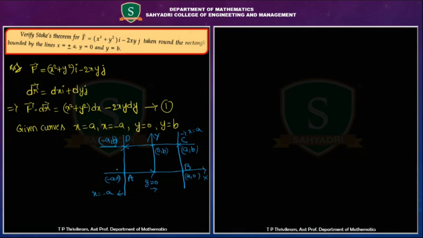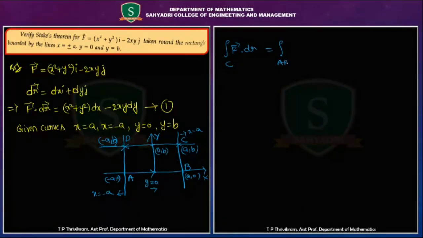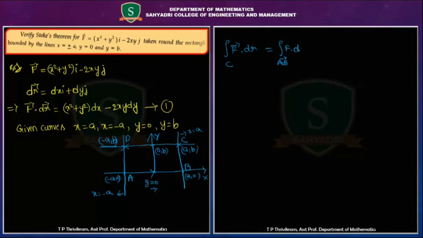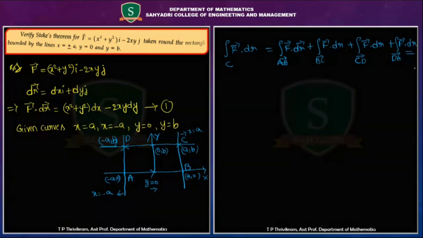Fine, you are able to draw the line, right? You need to find the integration of f dot dr around the curve C, which is nothing but the integral over line AB of f dot dr, plus the integral over line BC of f dot dr, plus the integral over line CD of f dot dr, plus the integral over line DA of f dot dr. Okay, so complete this problem.